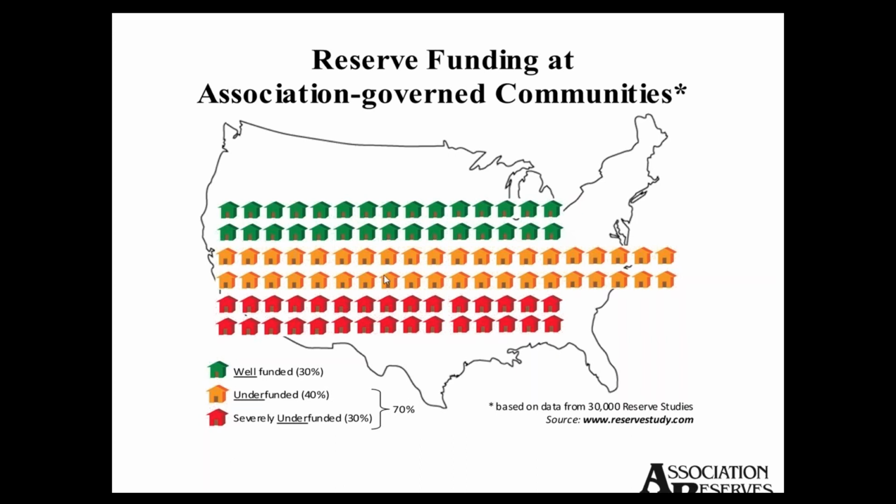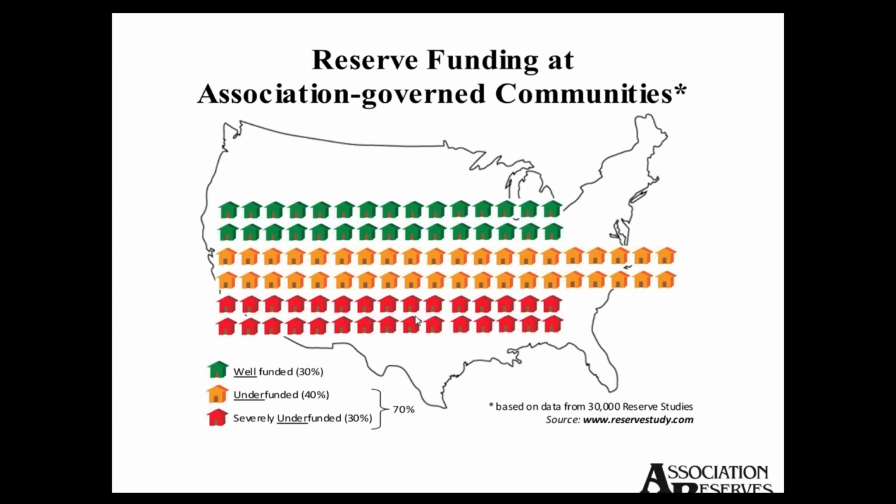The largest block of associations happen to be in that 30 to 70% middle fair range. That's about 40% of all associations. And the ones that make all the news are the ones that are severely underfunded. About 30% of all associations are in that red zone.